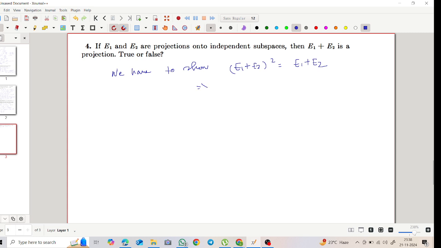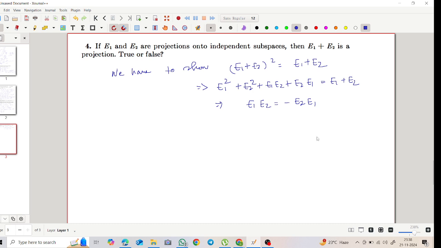That's what we have to show. But what is this side? E1 square plus E2 square plus E1E2 plus E2E1, right? E1 square is E1 and E2 square is E2, so we get E1E2 equals minus E2E1. But there is no guarantee that this will be the case for every projection E1 and E2.